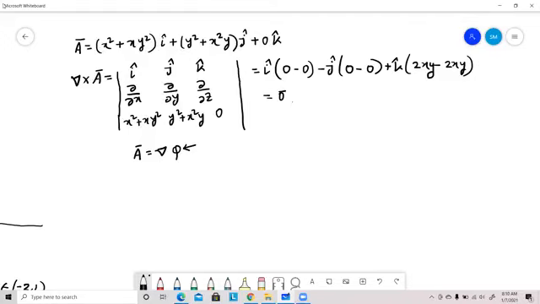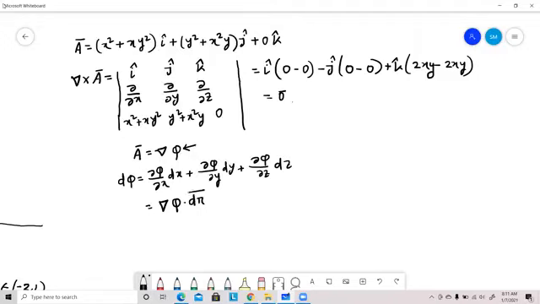And we know the total differential d phi, which is del phi by del x dx, then del phi by del y dy, then del phi by del z dz. And we know this total differential can be written as grad phi dot dr, that we came to know from the previous class.